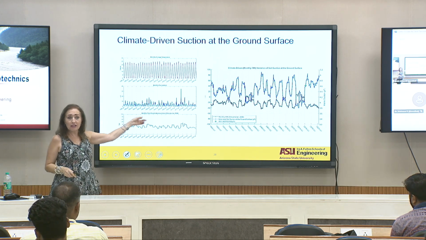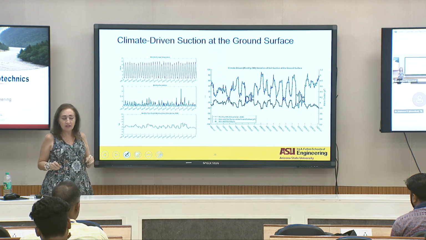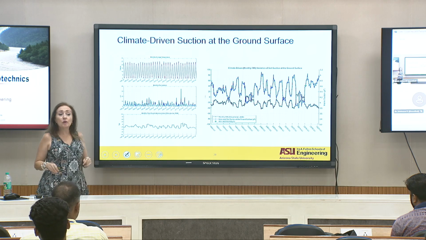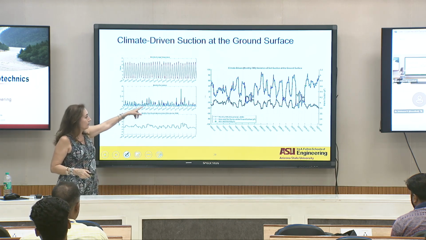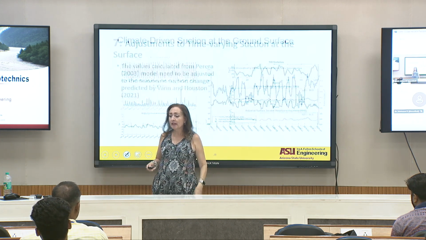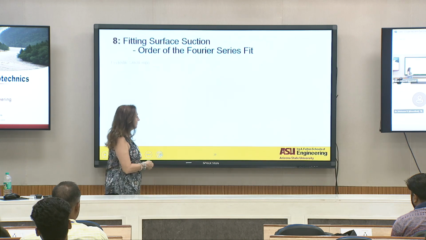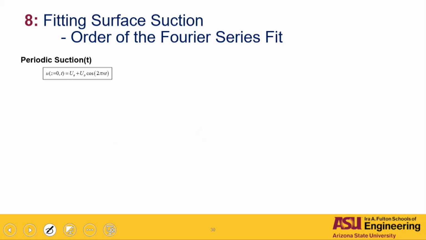But when you do have TMI, you're incorporating the rainfall, which is the tough thing to do. And now if you want to put it in a continuous model, you're going to be putting all this crazy data into a function, right? So sinusoidal or periodic suction is not going to work at all.